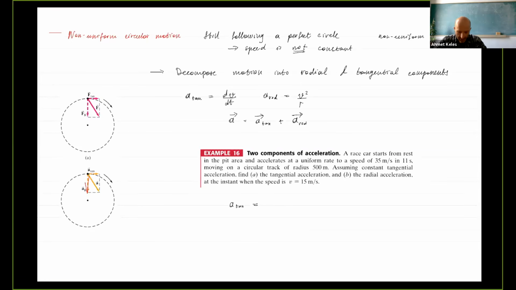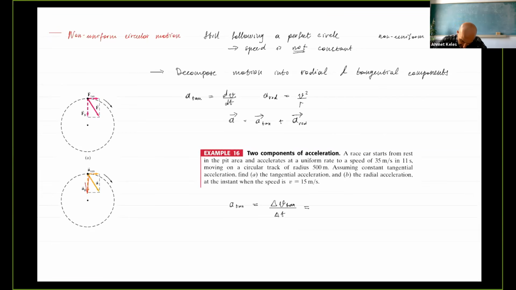That means the increase in speed, maybe I can write it like this: delta V tangential divided by delta T. And the problem says it reaches a speed of 35 meters per second.